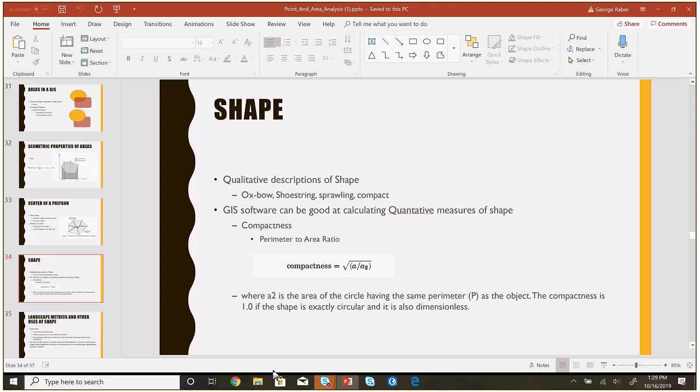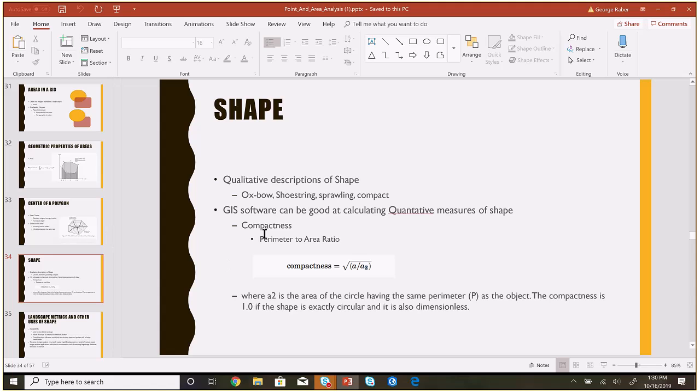All right. There are measures of shape that we can use to quantify what a particular shape is, whether or not it's a long, skinny feature, or whether or not it's a circle.